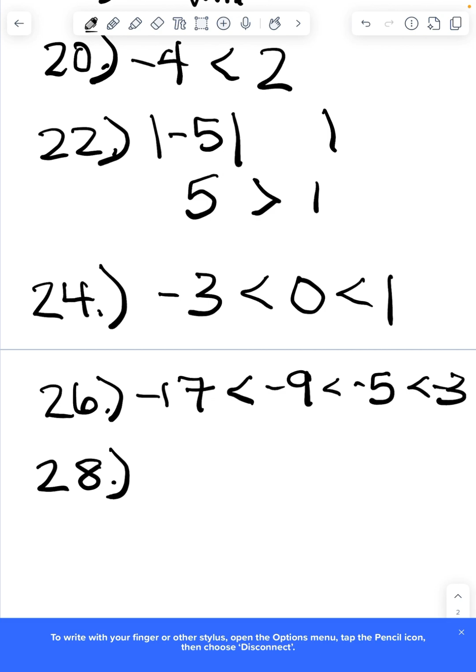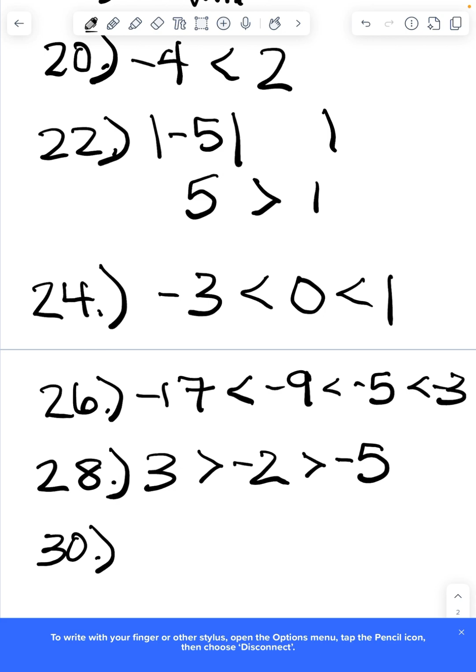So number 28, out of your integers -2, -5, and 3, the largest one is 3, which is greater than -2, which is greater than -5. Number 30, same direction. So we're going to start with the largest integer, which is 6. That's greater than 2, which is greater than -2, which is greater than -7.